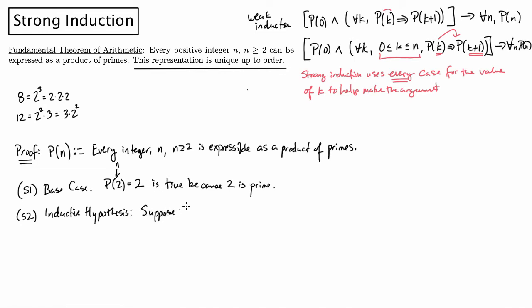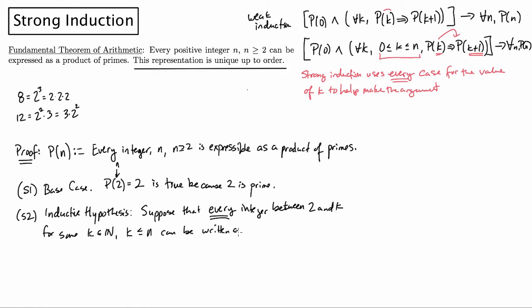Suppose that every integer between 2 and k, for some k in n, k less than or equal to n, can be written as a product of primes.